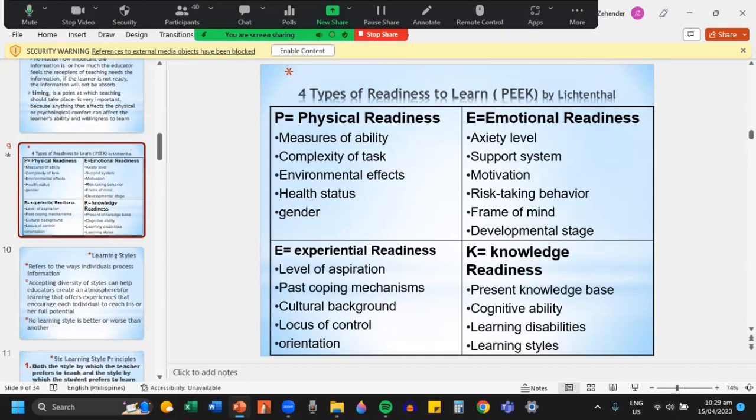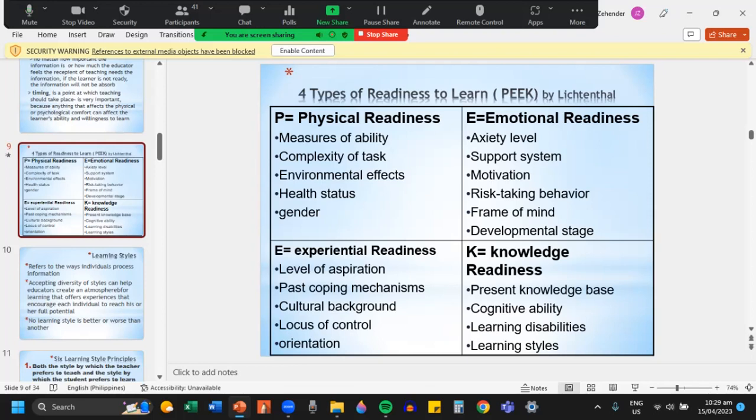Okay, so the simpler the task, the easier it is for your learner to demonstrate or to repeat. However, pag medyo refined or medyo complicated ang task, it's going to take some time for the student or for the patient to learn.